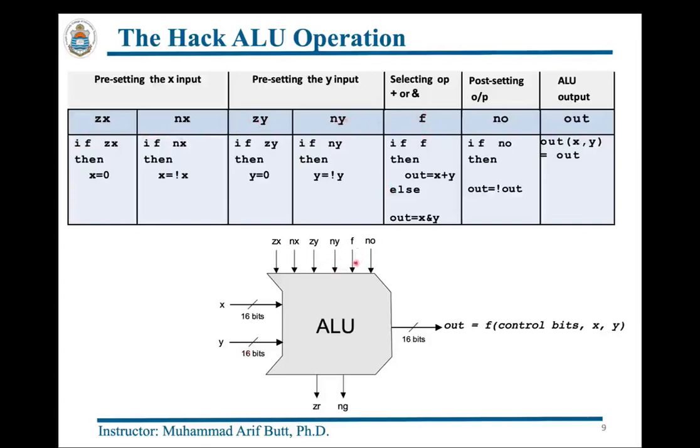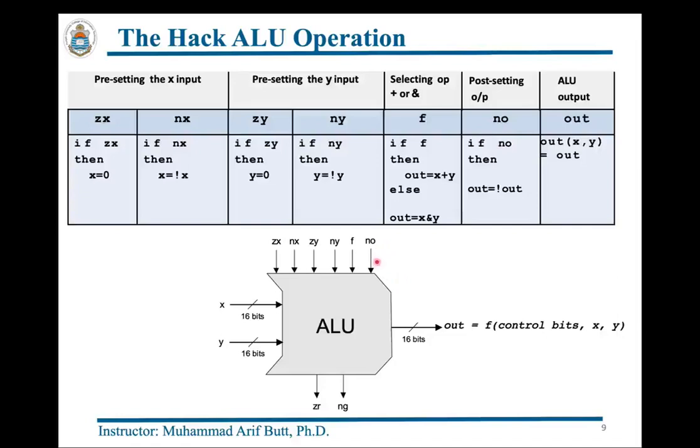If this F bit is set to 1, then the ALU performs the arithmetic addition of x and y. And if this F input is 0, the ALU performs the bitwise AND operation of these two values x and y. Finally, this post-setting negates the output.